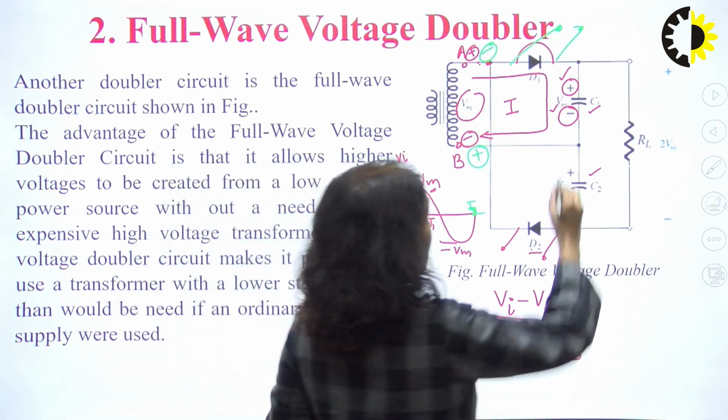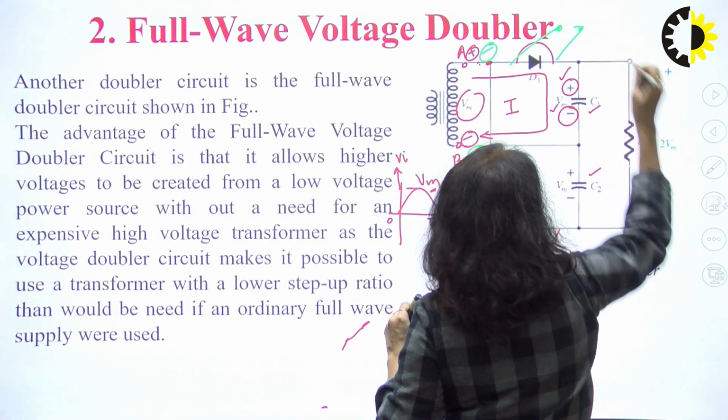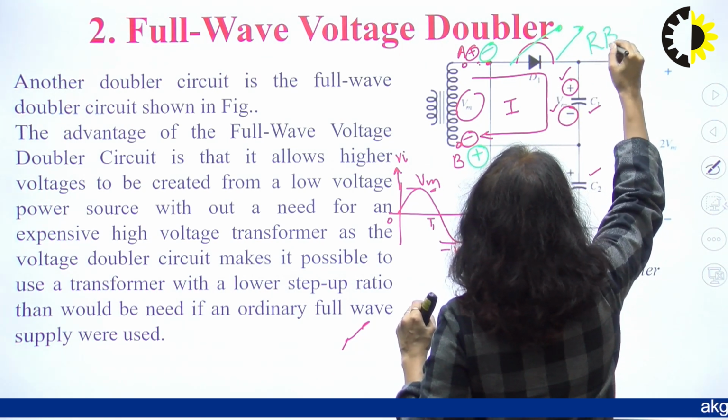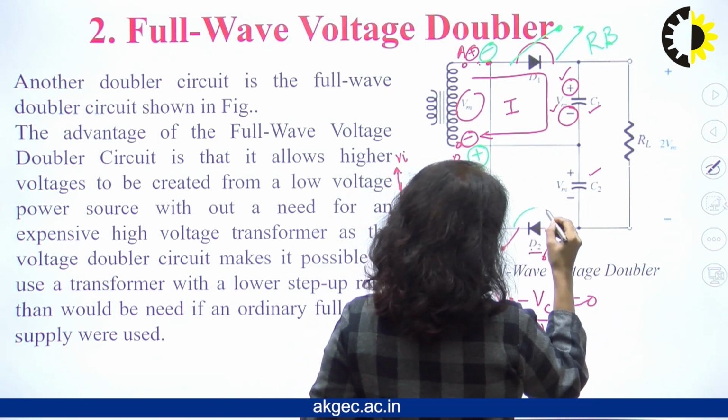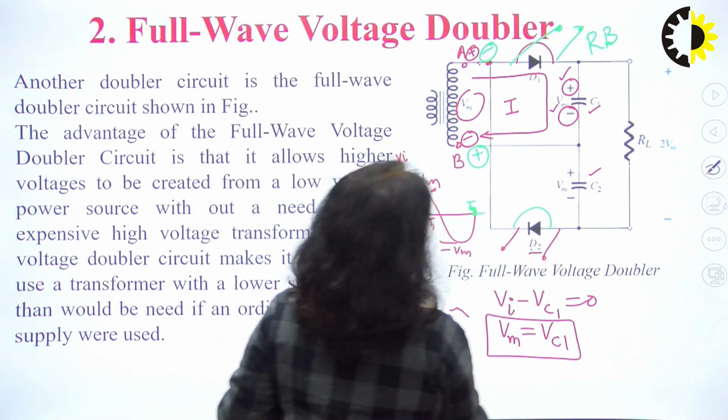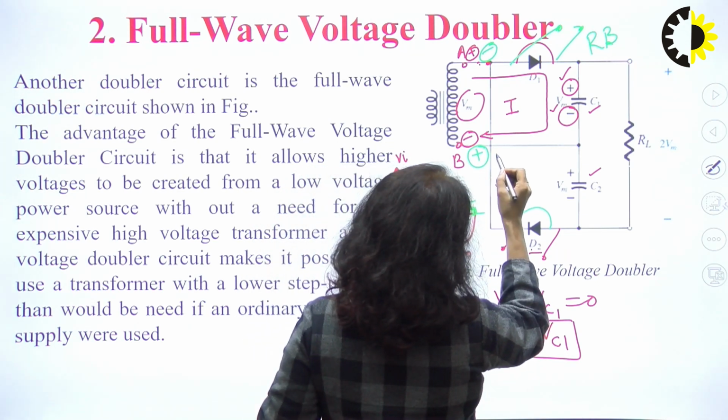So, diode D1 will be reverse biased, whereas diode D2 will be forward biased. So, this is open. So, current will be flowing.